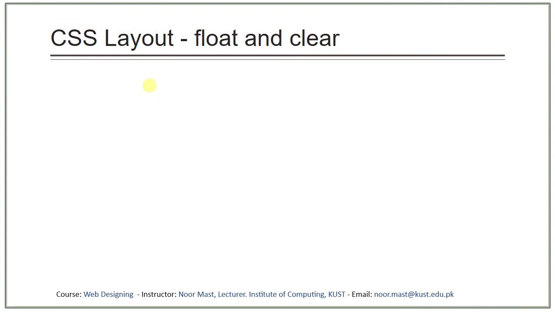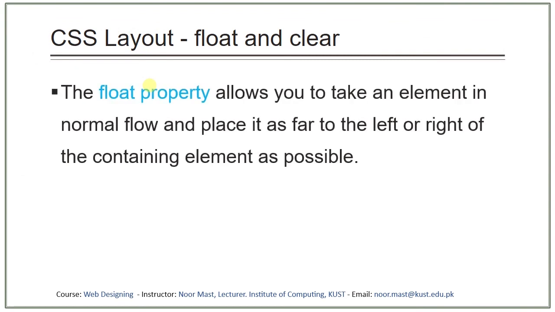The CSS float and clear property. The float property allows you to take an element in normal flow and place it as far to the left or right of the containing element as possible. Anything else that sits inside the containing element will flow around the element that is floated.